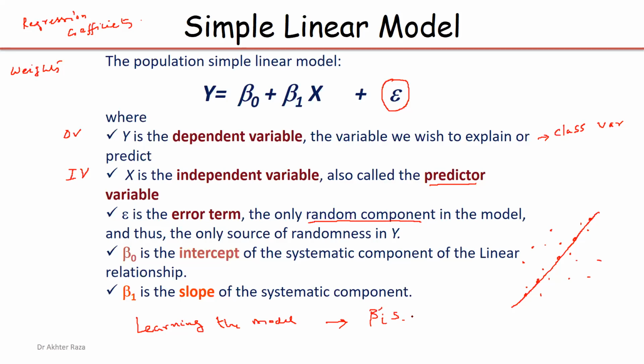Instead of the term find, we use the term estimate, because we have sample data. We have to estimate these betas. This process is called learning the model, right?